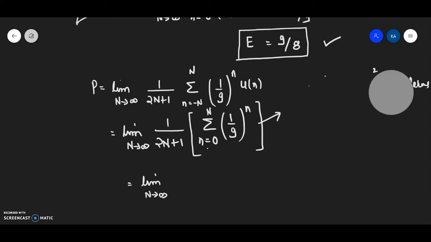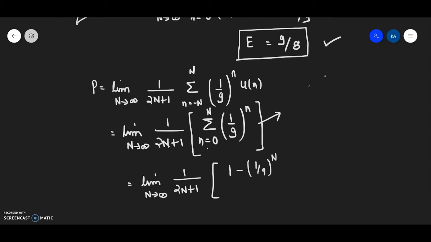You don't have to write this step while solving. 1/(2n+1), and this will become 1 minus, the number of terms is n plus 1, and this will be 1 minus 1/n. Right? Now, once you solve this particular step, you will be getting the value 0. What you have to do is put the value of n limit after solving this particular expression. Fine. I hope you have understood this particular step, right?